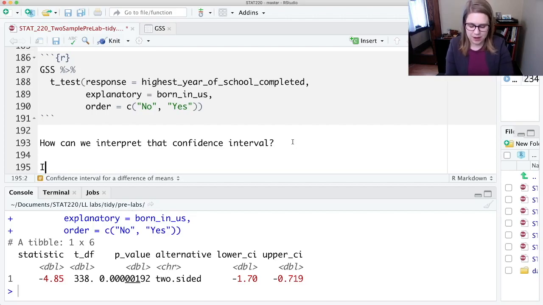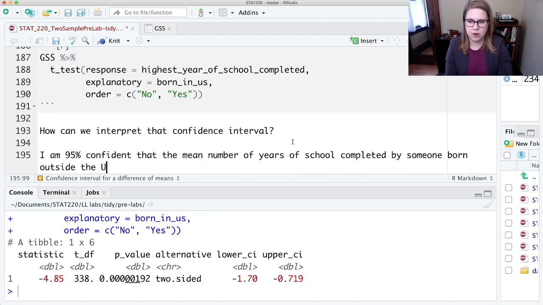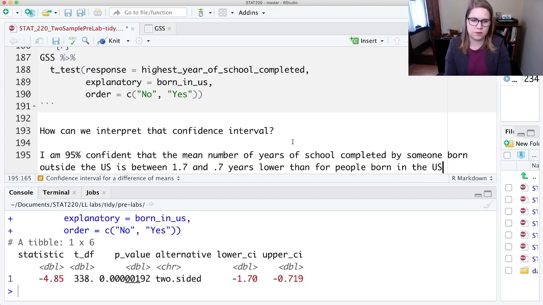But I think I'm going to say I am 95% confident that the mean number of years of school completed by someone born outside the US is between 1.7 and 0.7 years lower than for people born in the US.